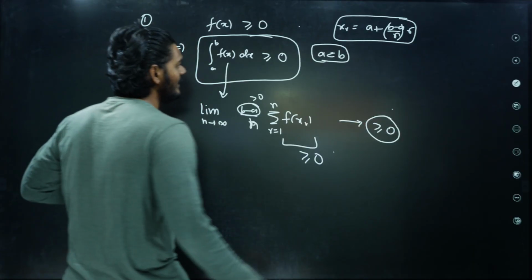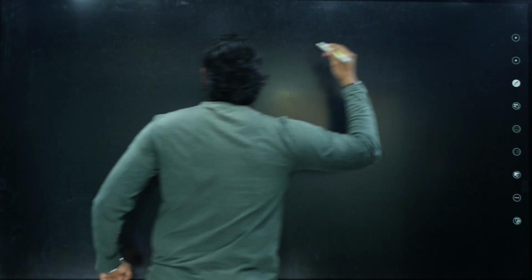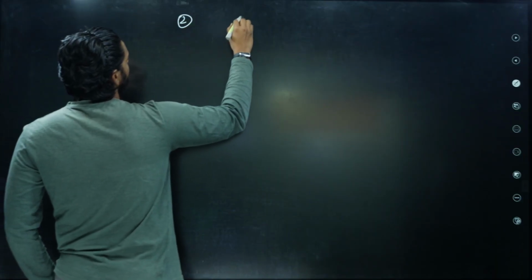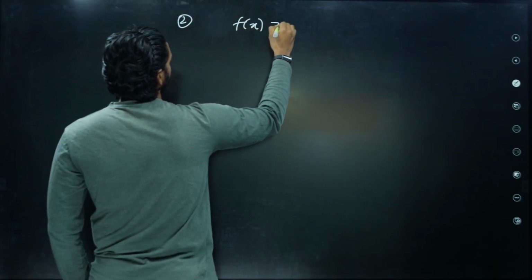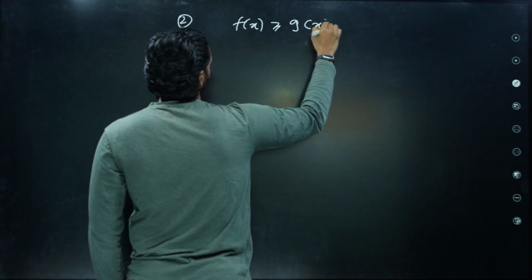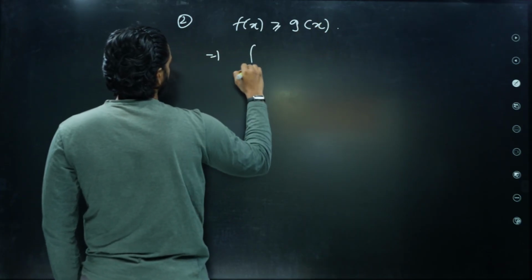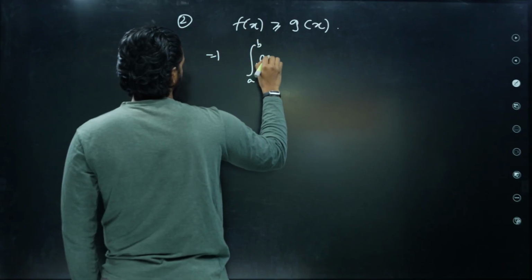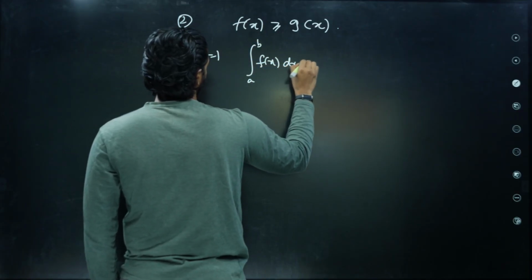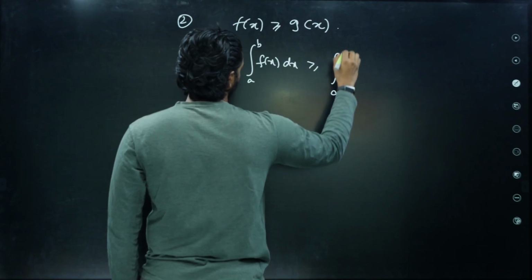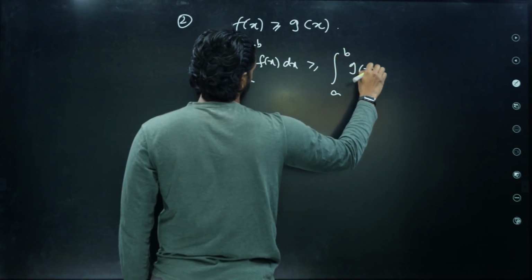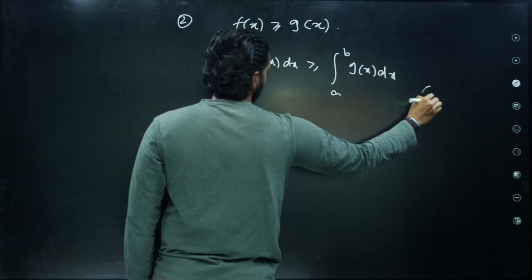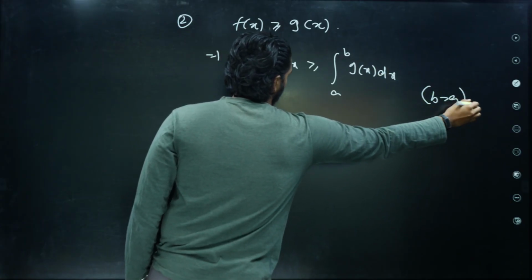Now one very important consequence of that is that if f of x is greater than or equal to g of x, then the integral from a to b of f of x dx is greater than or equal to the integral from a to b of g of x dx. Obviously here also b is greater than a.